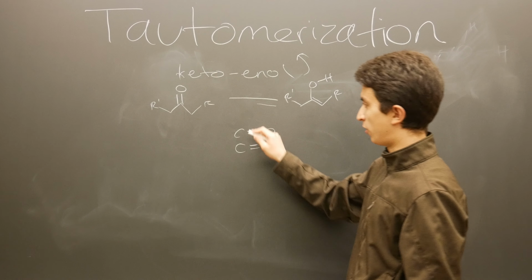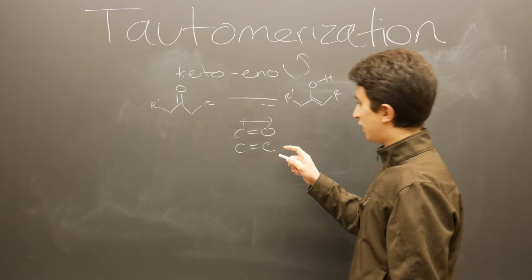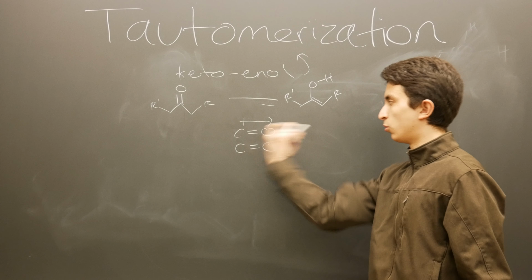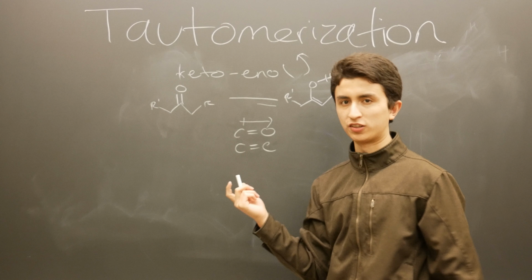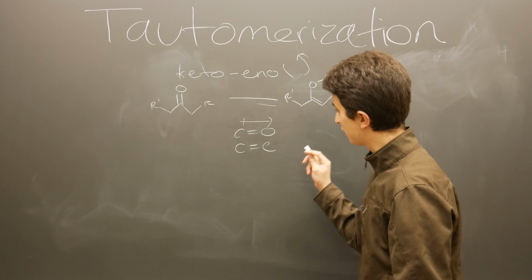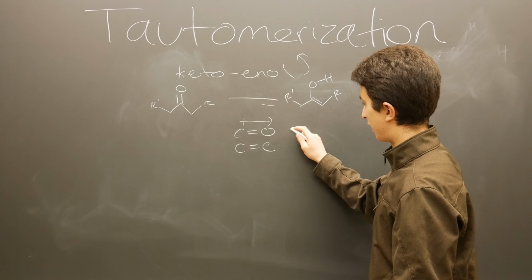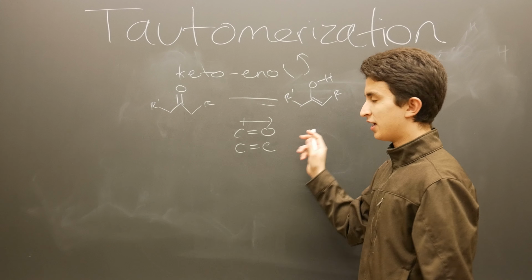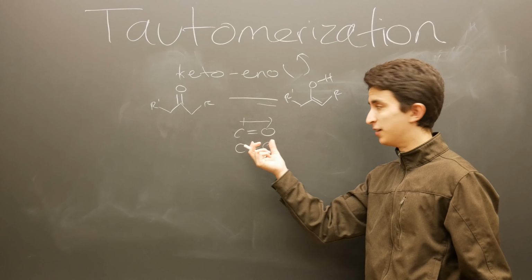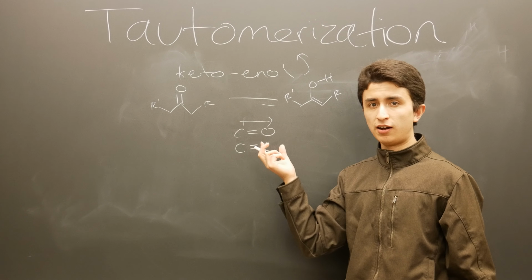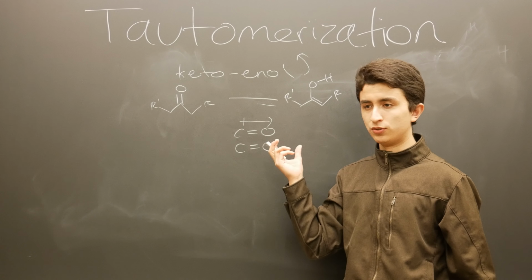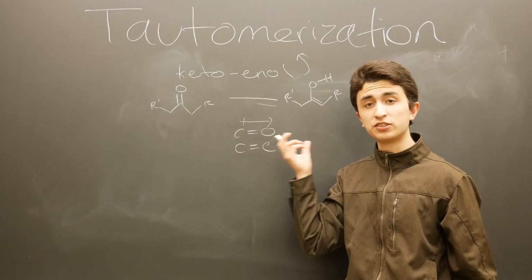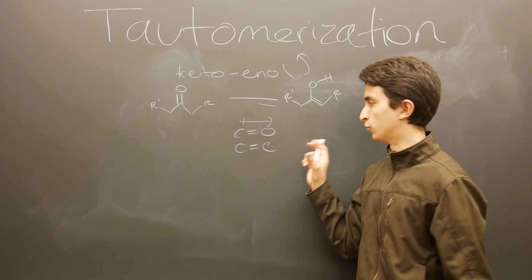In the carbon-oxygen double bond, we have electron density being pulled towards the oxygen due to oxygen's electronegativity. And so here we have a more polar bond, which is going to be shorter, and because it is shorter, it's going to require higher energy to break it.